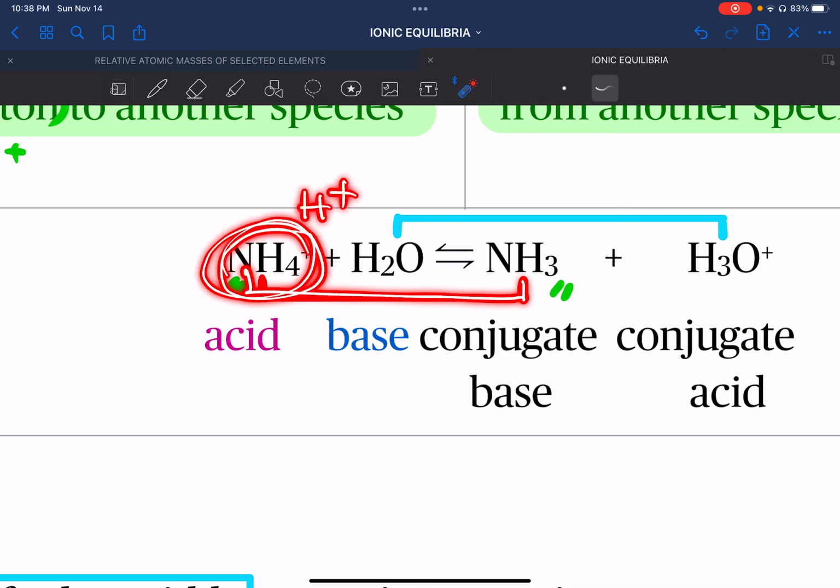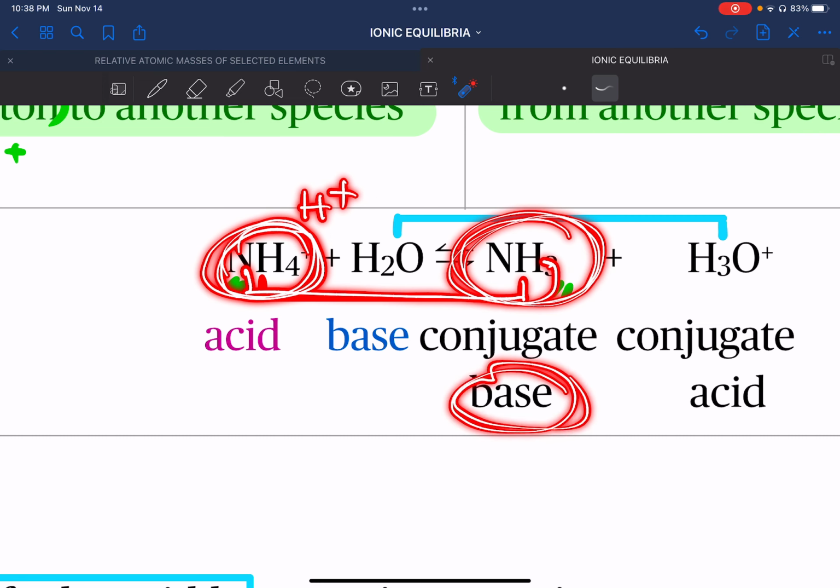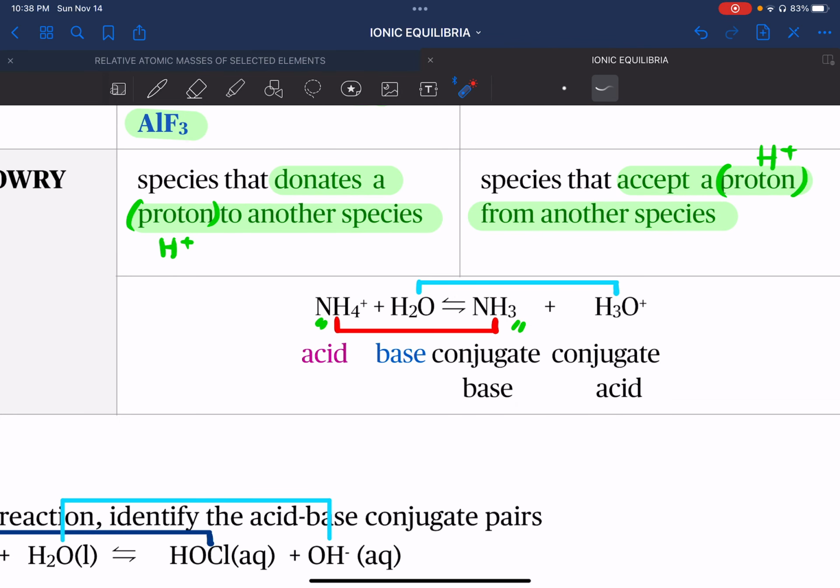Baru dia jadi NH4+. So, basically, this is base lah. Kenapa dia base? Sebab NH3 ni, dia terima satu proton untuk jadi NH4+. So, basically, ammonia is a base. Okay, so conjugate base. Itu terms dia lah.